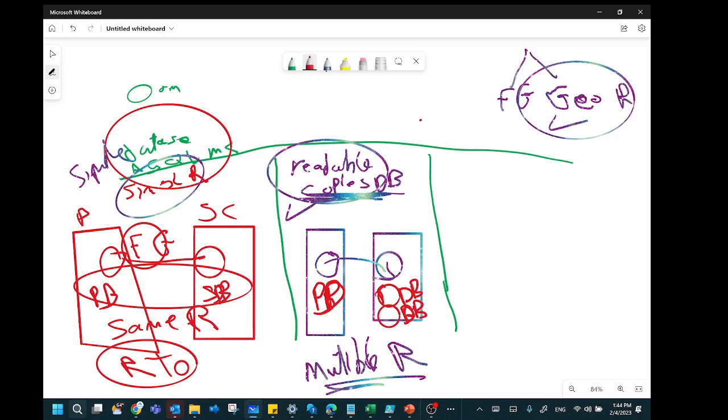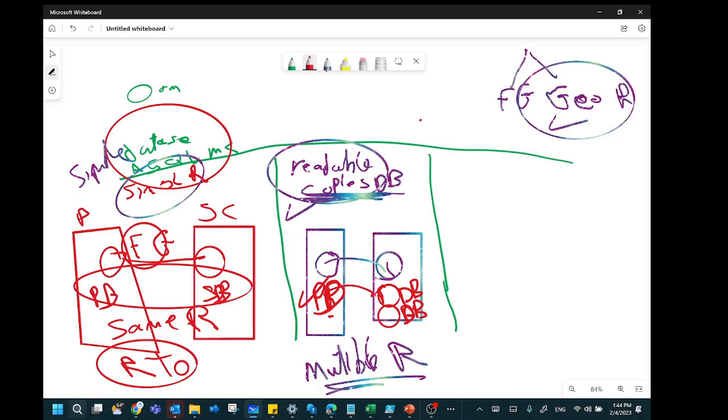So again, you can set up the primary database in one region, and we can add one or more secondary databases in other regions. The primary database automatically replicates its changes to a secondary database, which can be used as a read-only copy.